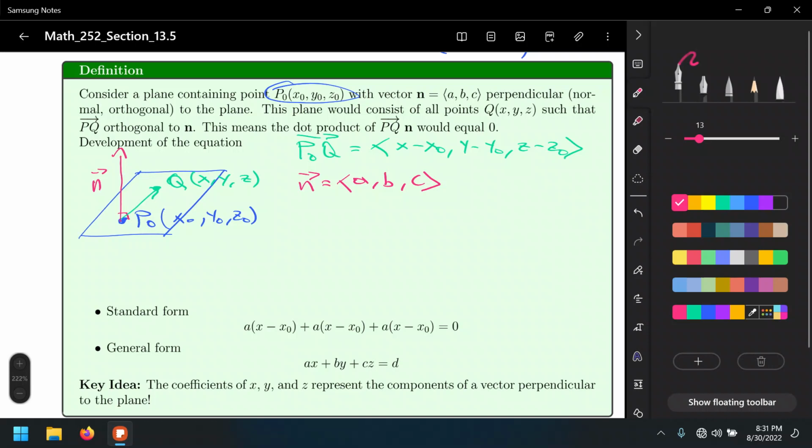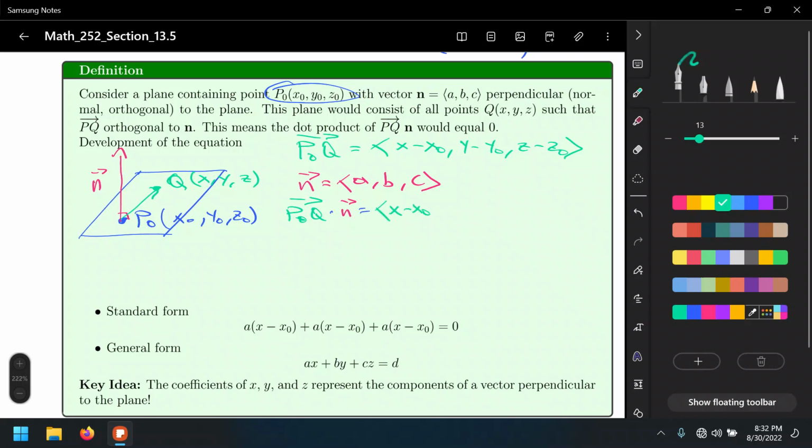Okay, so let's find the dot product of these two vectors. So, P initial Q dotted with n. That should be, well, I'll have to rewrite all this.